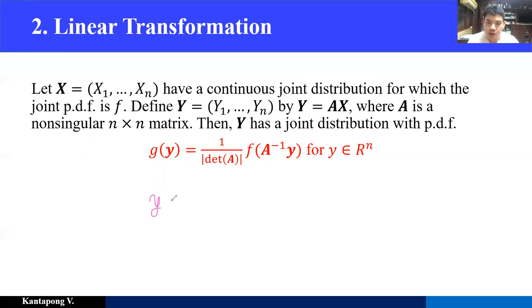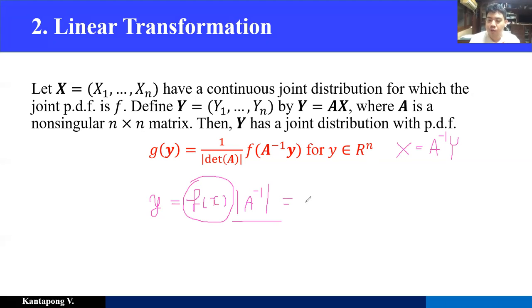The G of Y is the F of X and the determinant of A inverse, because X is A inverse of Y. We assume that A has the inverse. If A doesn't have the inverse, we have to go back to the intuitive one, the naive approach. Suppose that it has the inverse, so it is Fx times the determinant of A inverse.